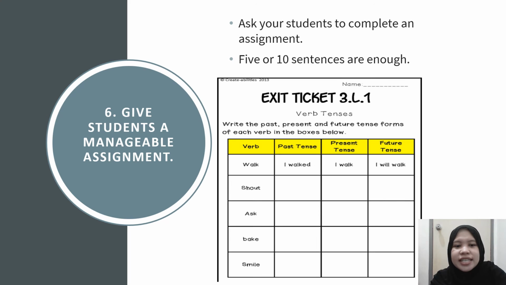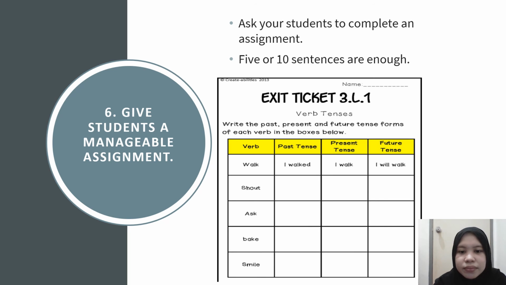For the sixth one, give students a manageable assignment. Ask your students to complete a sentence, or 5 or 10 sentences are enough. You can also make this an exit ticket. That way, you will know if they understood your lesson or if it needs to be repeated.